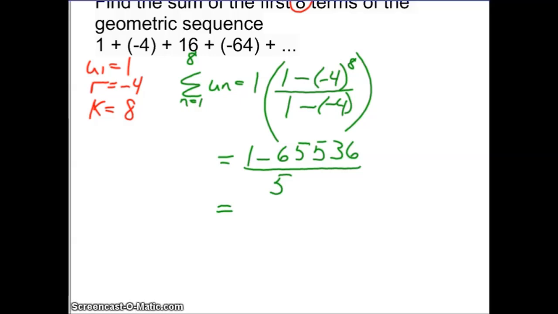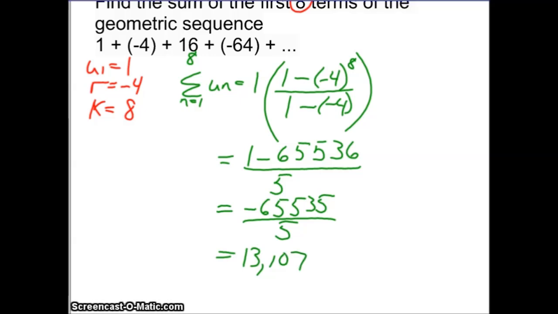Okay. 1 subtract 65,536 is going to be negative 65,535. And now I'm going to divide that by 5. I'm doing this in the calculator. I get 13,107. Okay. All right, so that's how you find the sum of the first 8 terms.